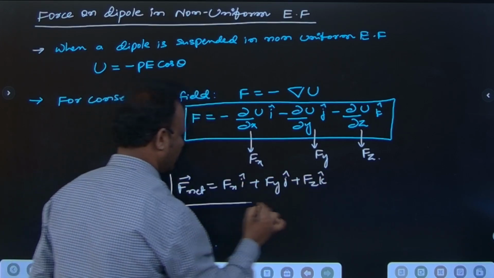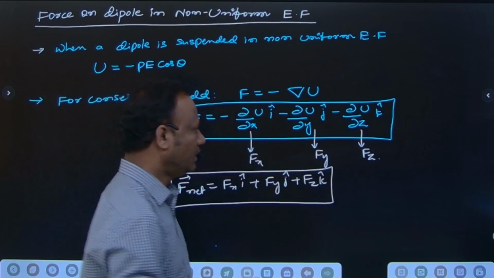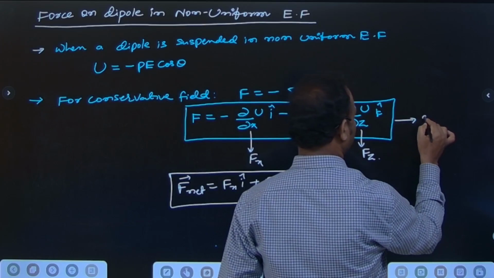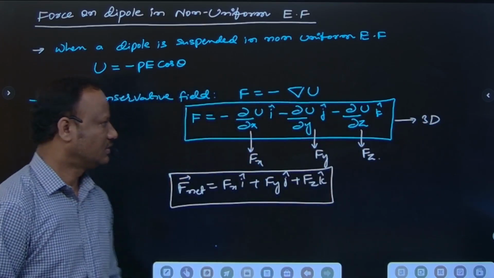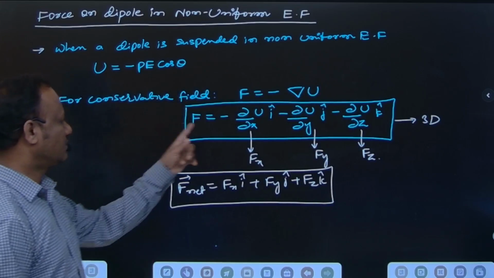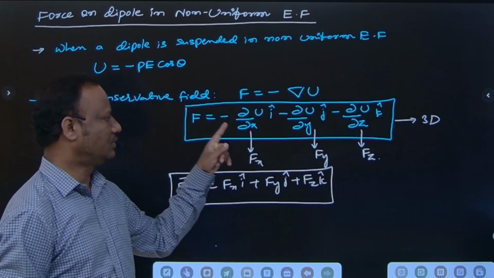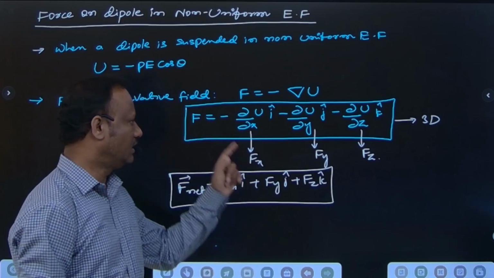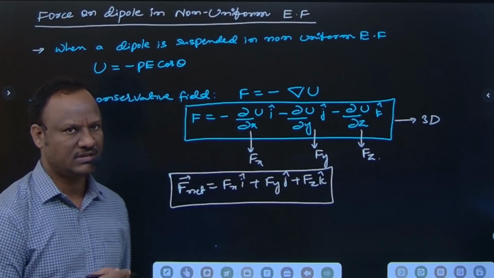If the picture is given in 3D, X, Y and Z are all mentioned, so we need to consider all of them. If only X is mentioned, Fx is minus dou U by dou X. The i cap shows the direction.